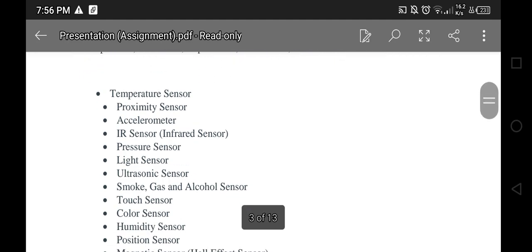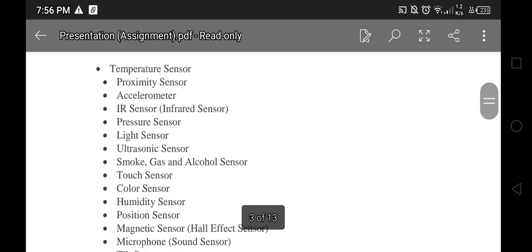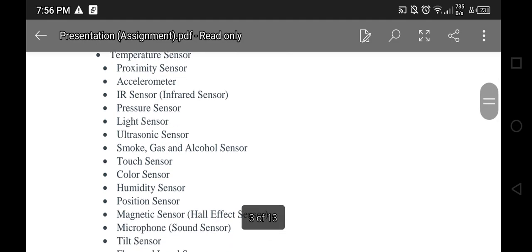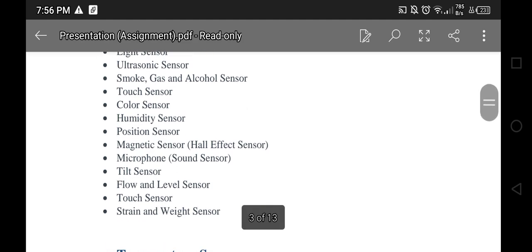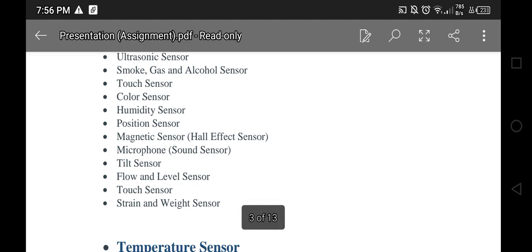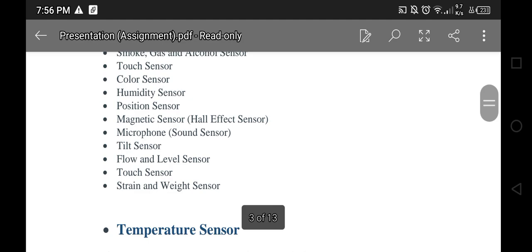Temperature sensor, proximity sensor, accelerometer, IR sensor, which is short for infrared sensor, pressure sensor, light sensor, ultrasonic sensor, smoke, gas and alcohol sensor, touch sensor, color sensor, humidity sensor, position sensor, magnetic sensor, microphone sound sensor, tilt sensor, flow and level sensor, touch sensor, and finally strain and weight sensor.